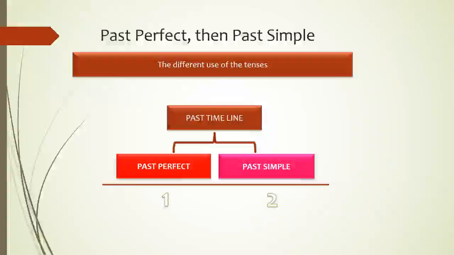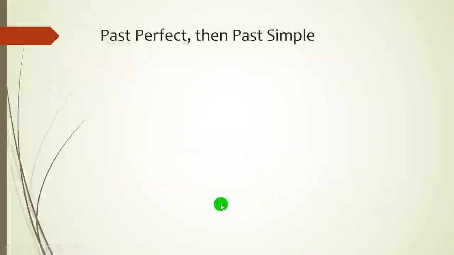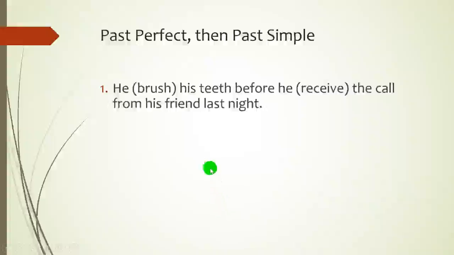However, there are some sentences in the past where you can use past simple for all of them. However, if you use the correct structure, past perfect will always come first. Now take a look at some examples.